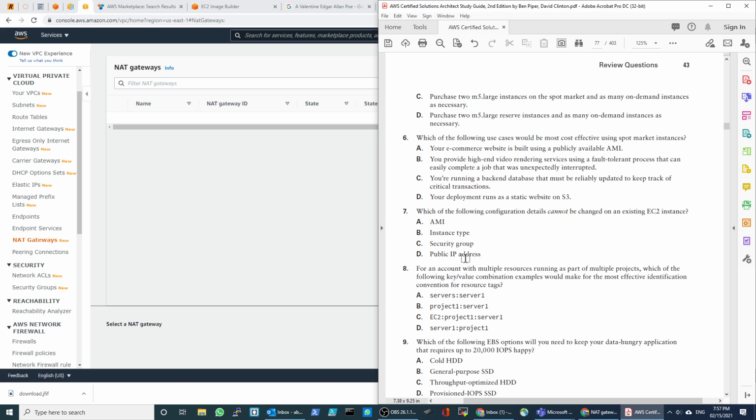Yes. Restart the machine, it will change. Could you change the security group? Firewall? Yes, we did that multiple times. Could you change the instance type? Yes, shut it down, change it from T2 to T3. Could you change the AMI, the Amazon machine image? No, you can't change it. All right, and so on and so forth.